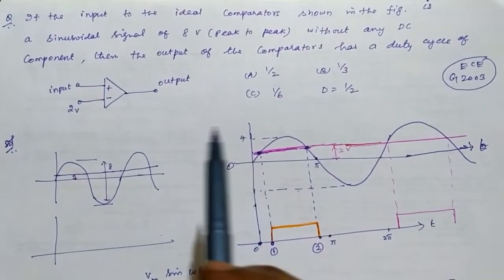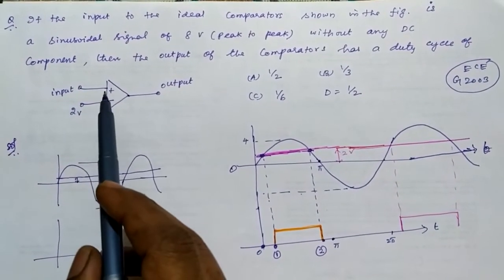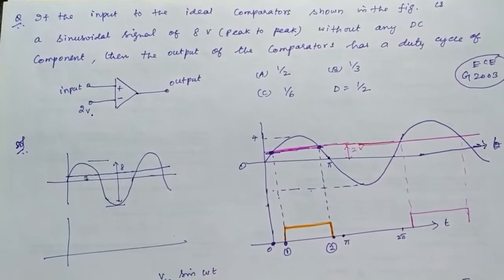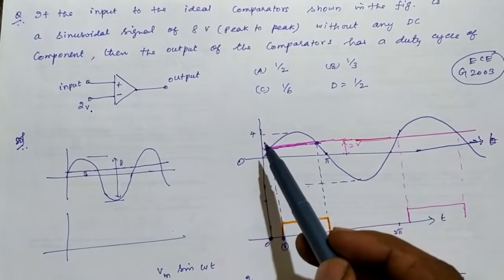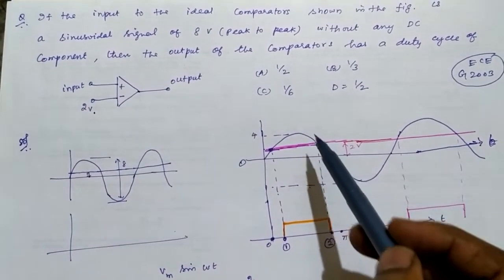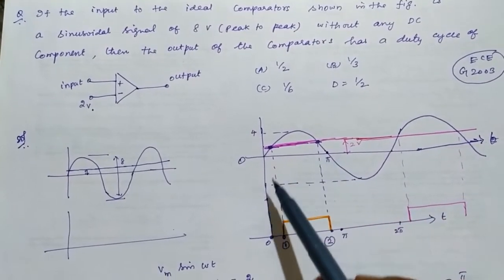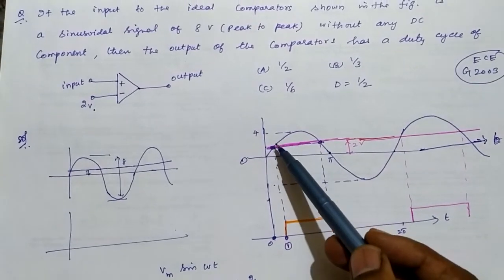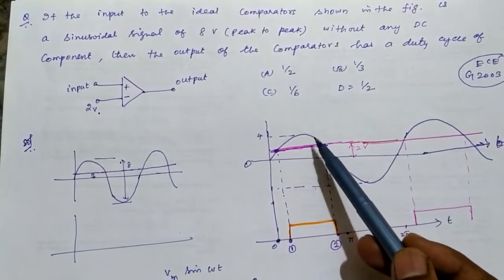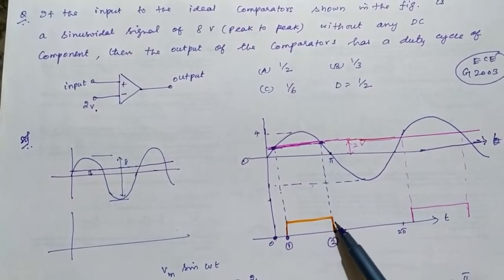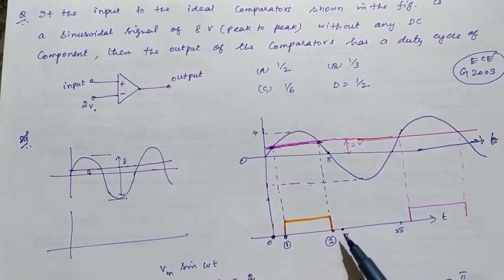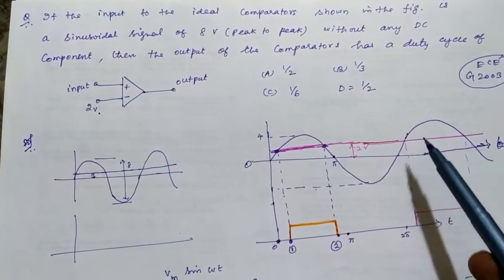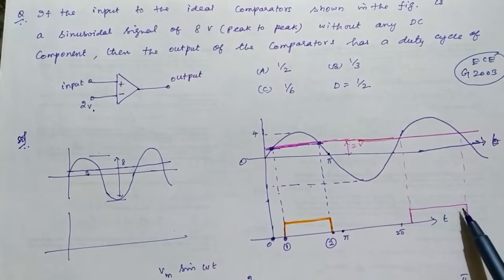Now this is a comparator; in the inverting terminal we have a voltage of 2. When we compare these two, a pulse is generated whenever the sinusoidal signal is higher. When it is lower than the 2 volt level, there is no signal. Again when it is higher, it generates the pulse.